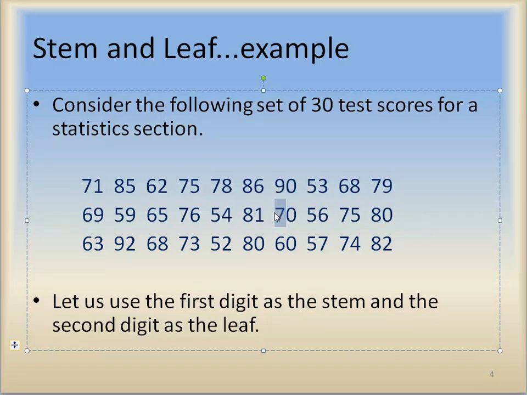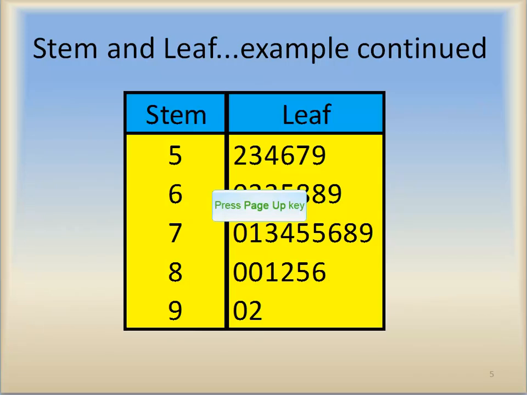So now what happens when we create a stem and leaf display? Essentially, we create a chart such as this. All the stems, so the 5, the 6, the 7, the 8, and the 9, represent the 50s, the 60s, the 70s, the 80s, and the 90s, and the leaves are all the other digits to the right.